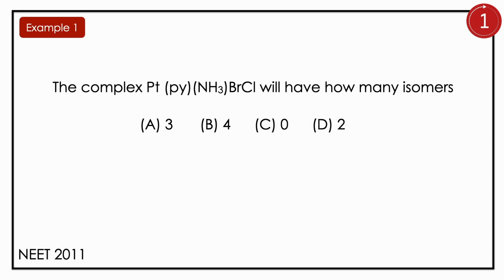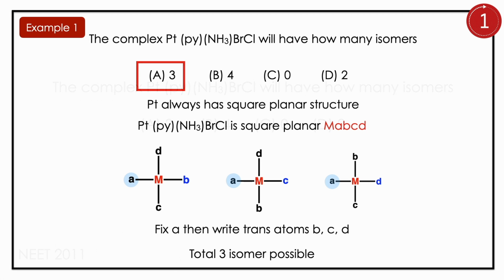The complex Pt with ligands py, ammonia, bromine, chlorine will have how many isomers? A 3 isomers, B 4, C 0, D 2. The answer is 3, because if you draw it, you can clearly understand the answer. If you simplify the complex, it will be an MABCD system.